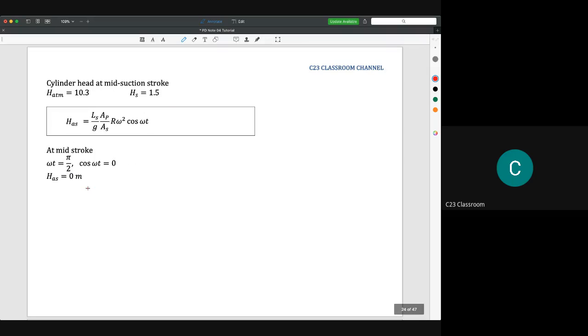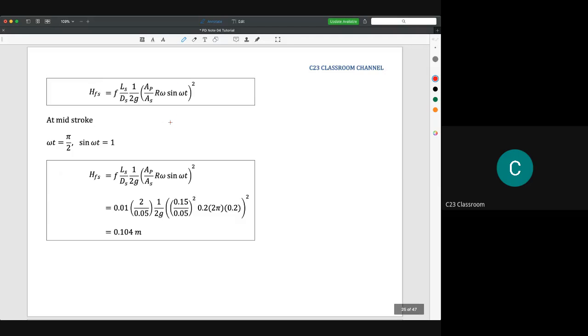Then at mid stroke, the acceleration head becomes like this, and finally we get that at mid stroke the friction of suction is 0.104 meters.